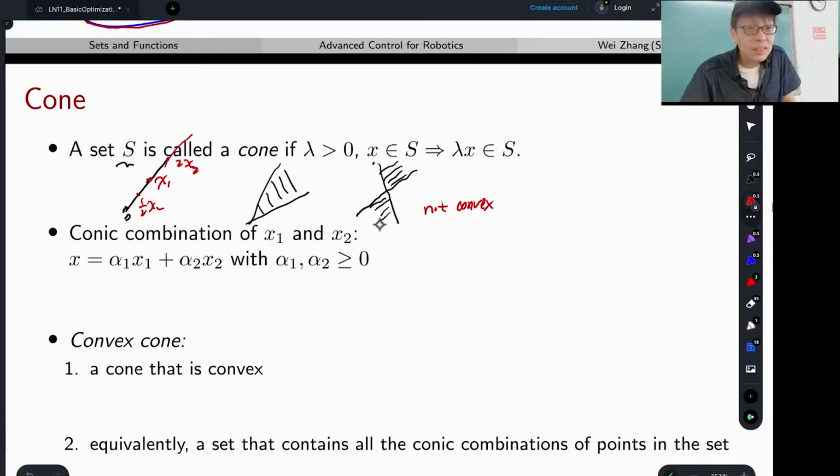Is this a cone? You pick an arbitrary point, you scale it. Does that contain in that? Well, I think it's a cone. If you pick any point in the set, you scale it, it's always there.